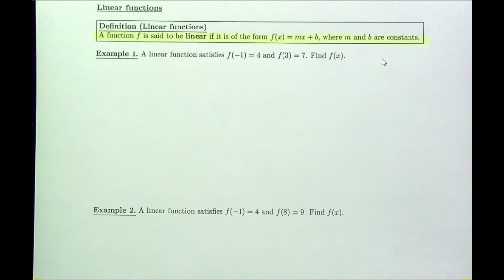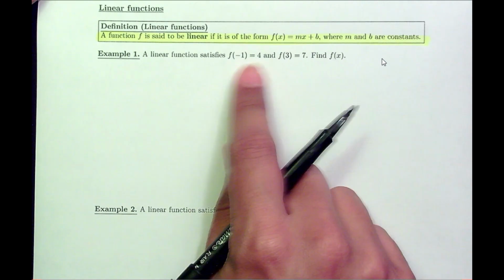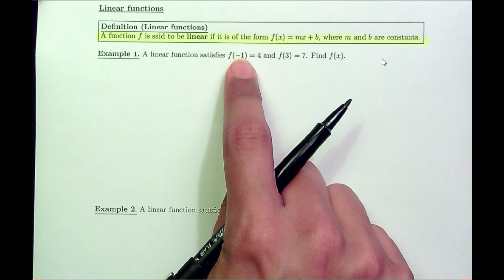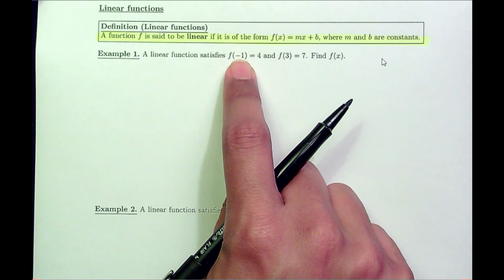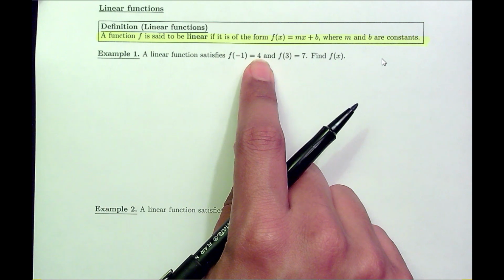Okay, so saying that the linear function satisfies f of negative 1 equals 4, remember that negative 1 is the input, which is x, and when you plug it in and you get 4, that 4 is the output, which is y.